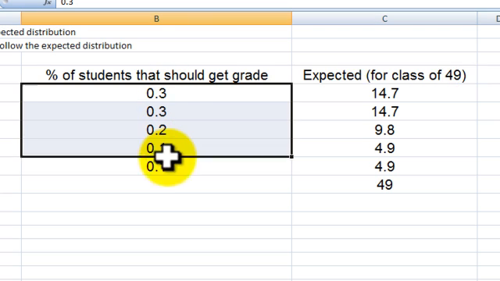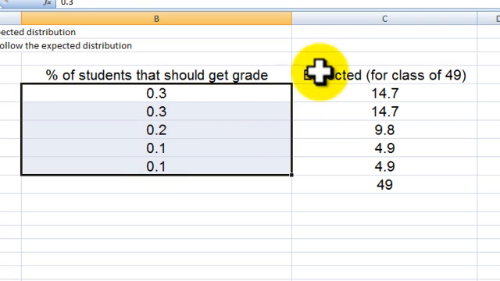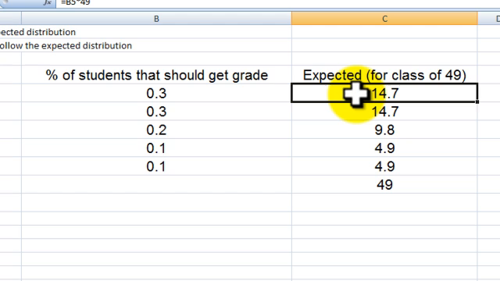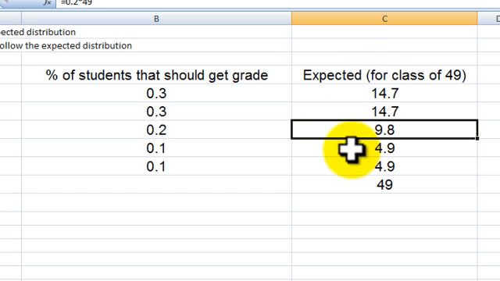Notice these are percentages. So to get what we should expect in a class of 49, we basically just take, as you can see in this formula up here, the percentage that we're hoping for times the number in the class, 49. Okay? And basically do that for each grade level.